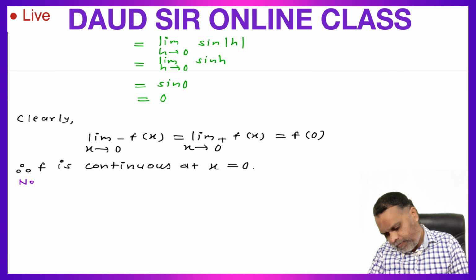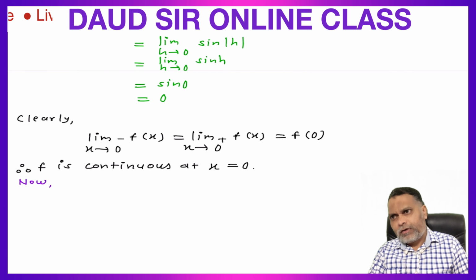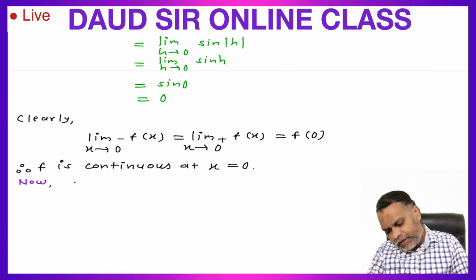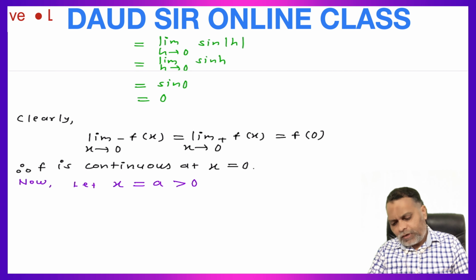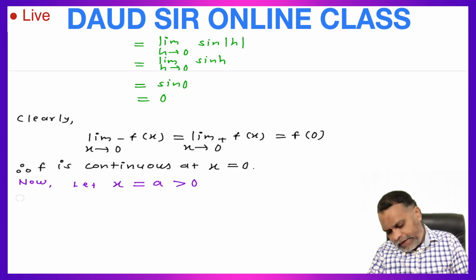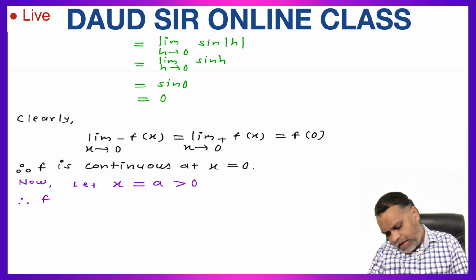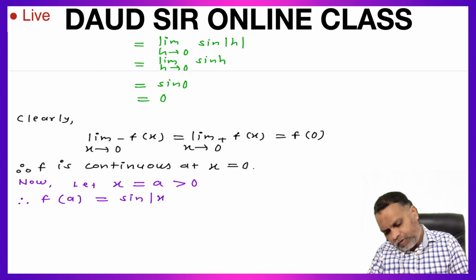Now let x is equal to a and a is greater than 0. So therefore f of a is equal to sine modulus of x.